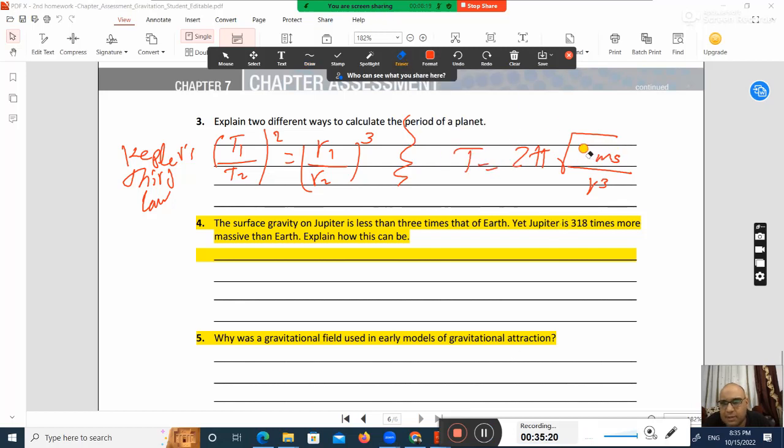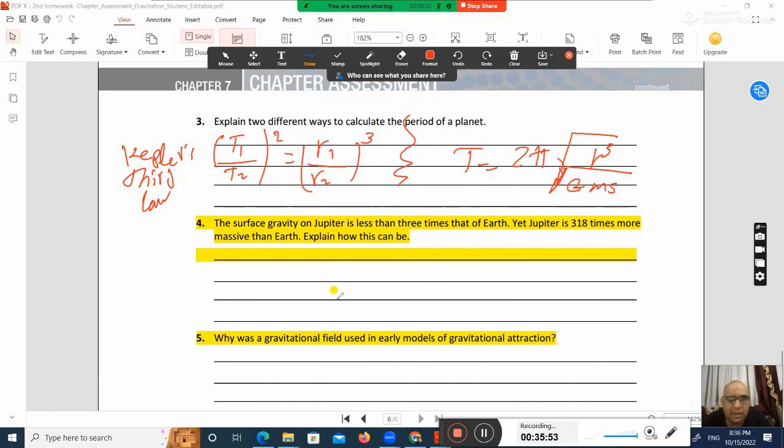Sorry, I reversed it at first. How did I know that I reversed it? Because I know that the relation between time and R is directly proportional. So I checked it rapidly and found that I had made an inverse relation.